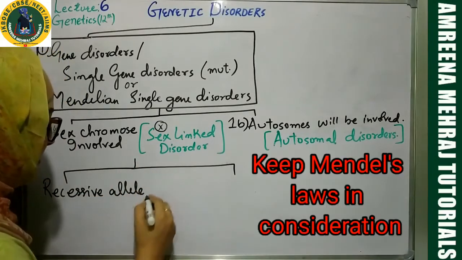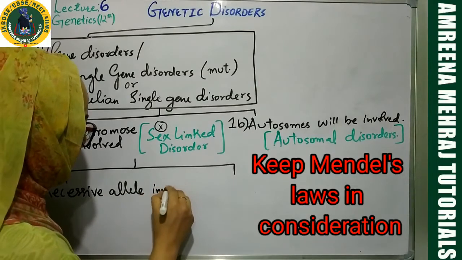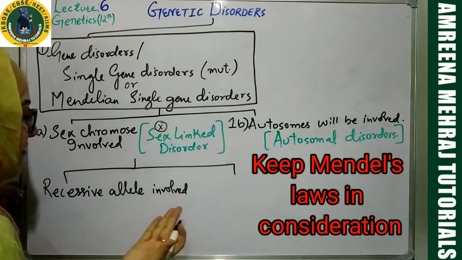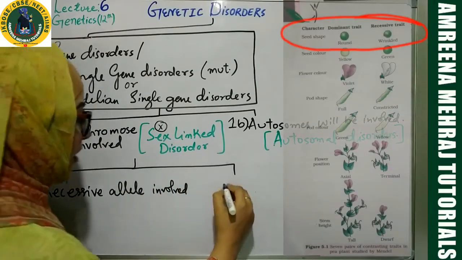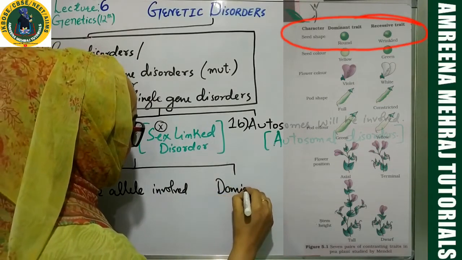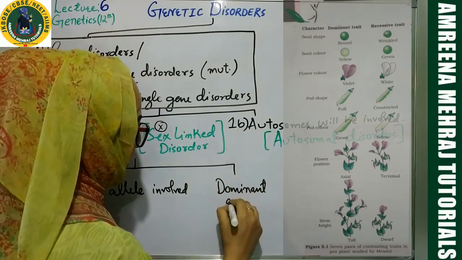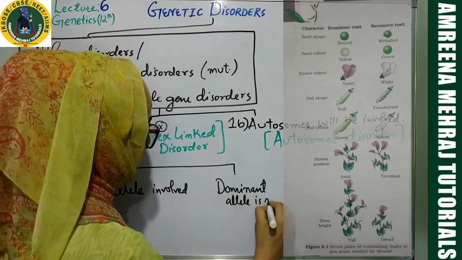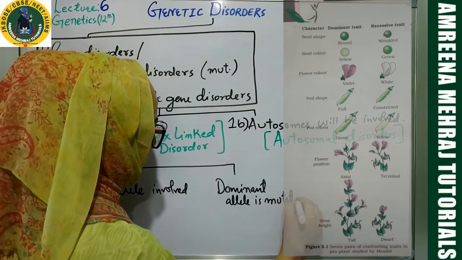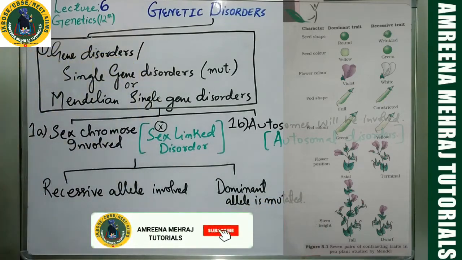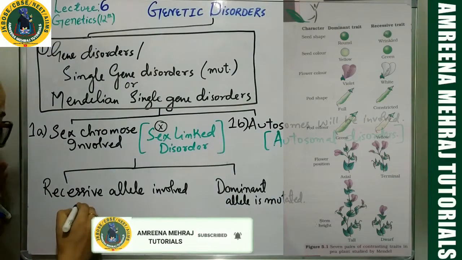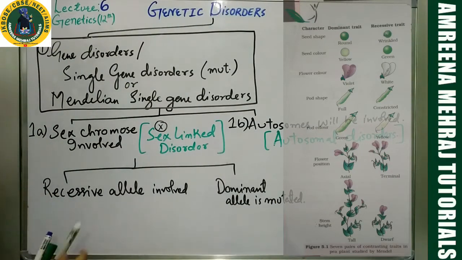Either the recessive allele is mutated, or the dominant allele is mutated. Accordingly, this type of disorder will be called sex-linked recessive disorder.